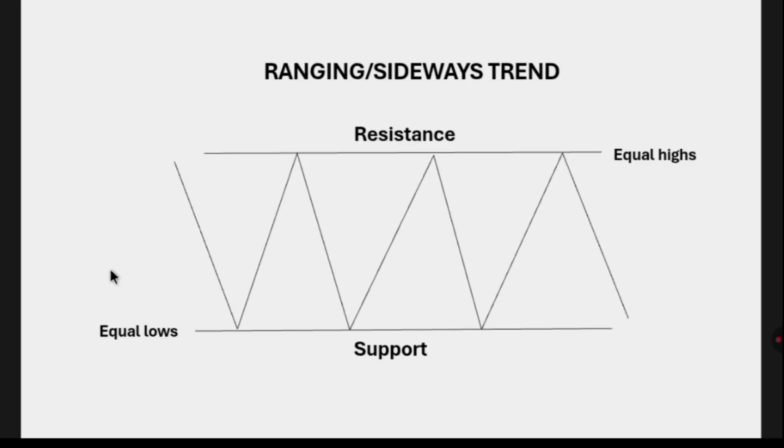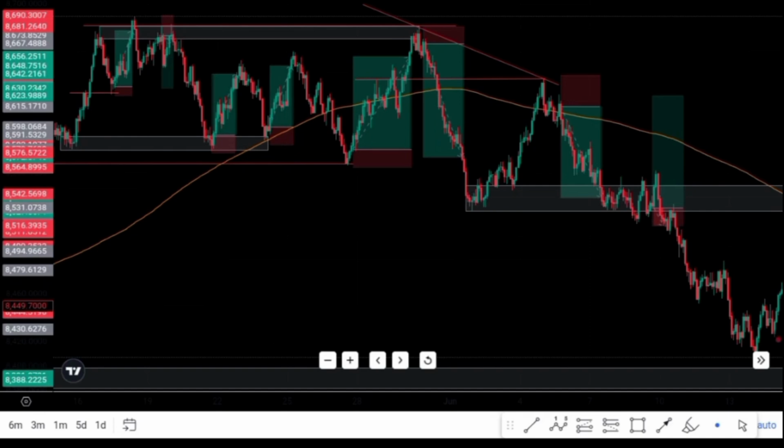So once you see price ranging between the support and resistance zone, it is a ranging and sideways trend, and we should avoid trading in this particular zone except you are an experienced trader. All right, so if you can spot these structures, you will have a big advantage. Market structure is the foundation of price action trading, and it is essential for making smart entries and exits.